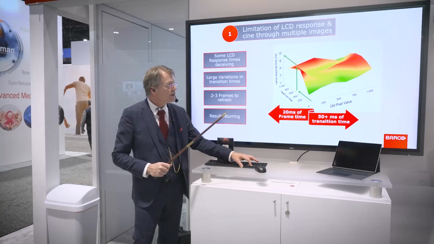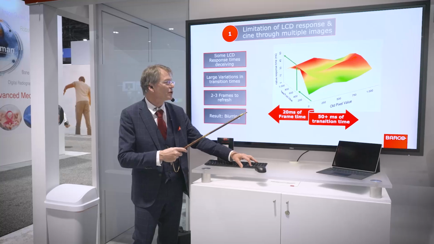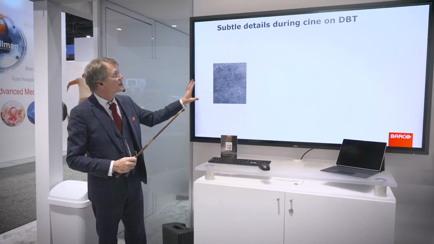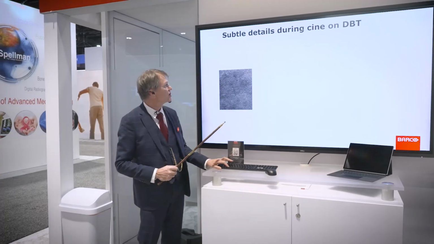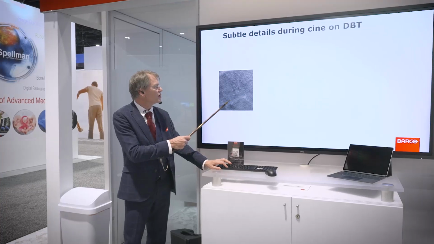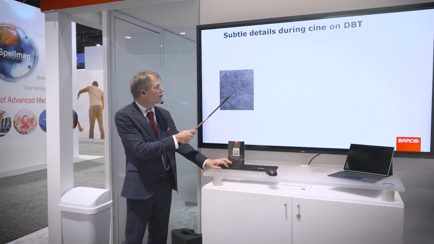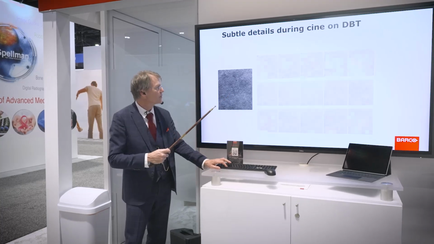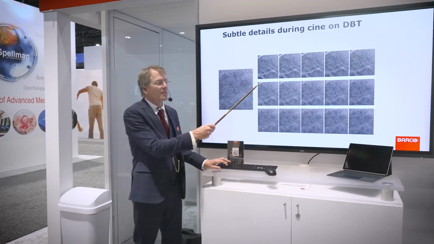The result is the blurring that we showed earlier. The subtle details in breast tomosynthesis are shown in this moving image, where there are some very subtle calcifications represented. And here it is blown up frame by frame.